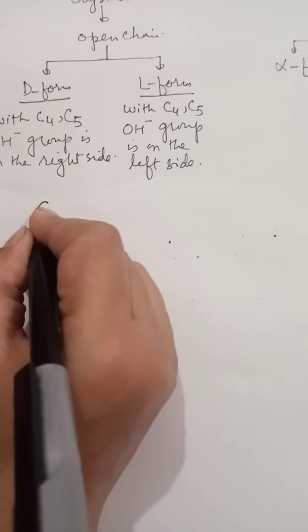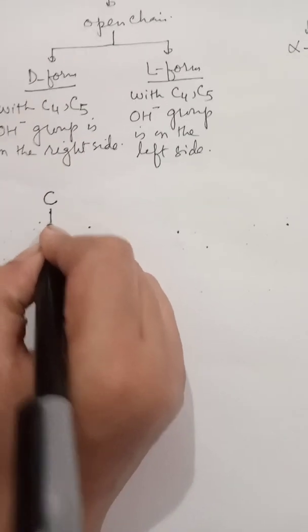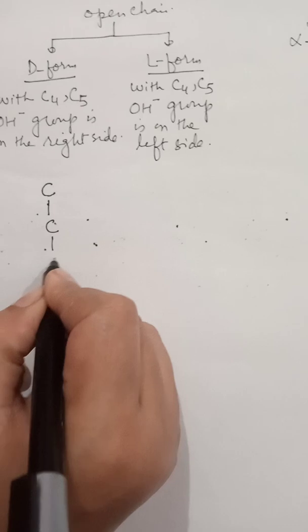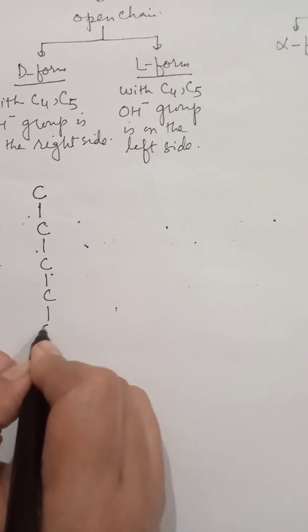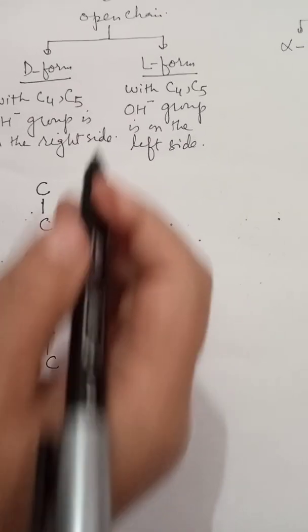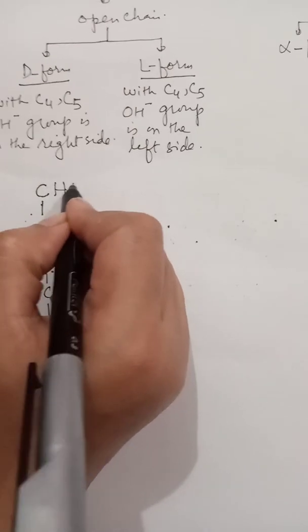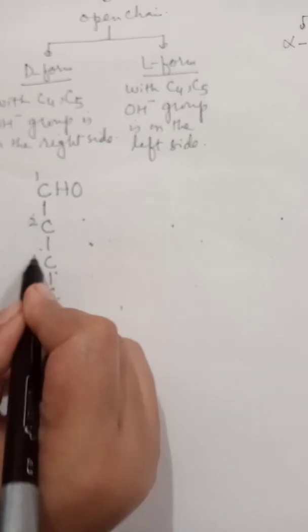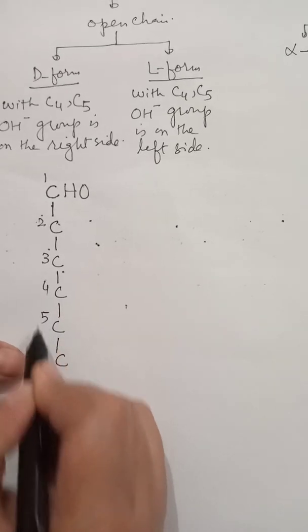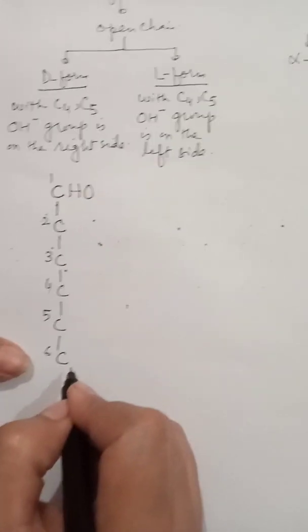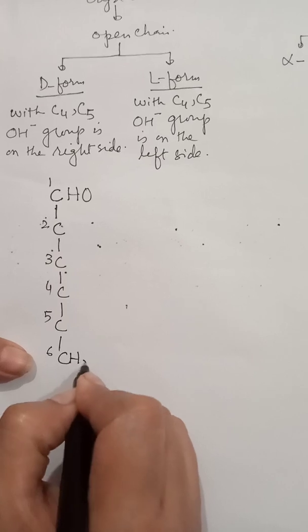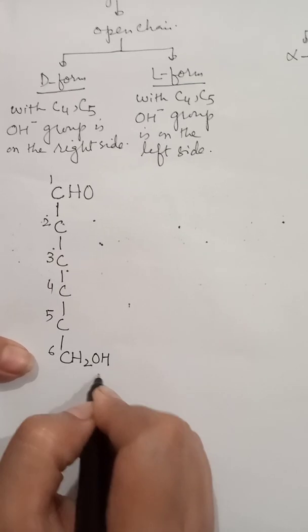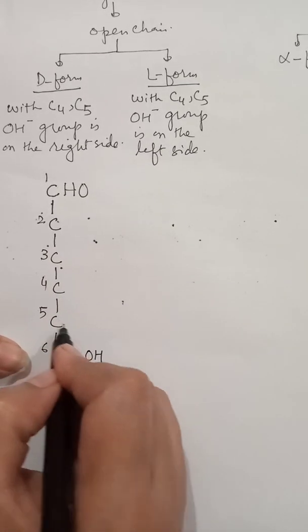Now first of all I will write the open chain form. You can see this is carbon number 1, 2, 3, 4, 5 and 6, as it is a 6 carbon sugar. Carbon number 1 is part of the aldehyde group. The last one will be CH2OH, as I explained already in ribose, and with carbon number 4 and 5 the hydroxyl group will be on the right side.